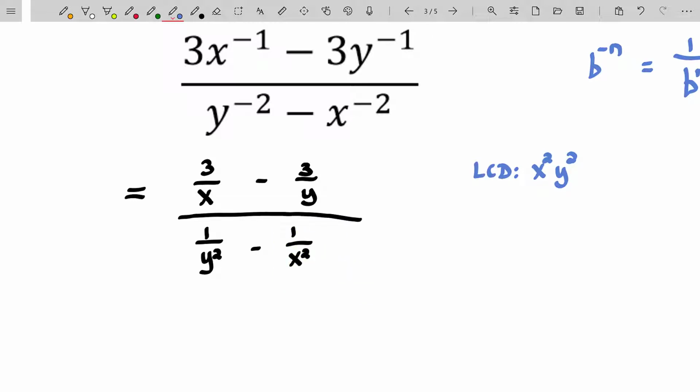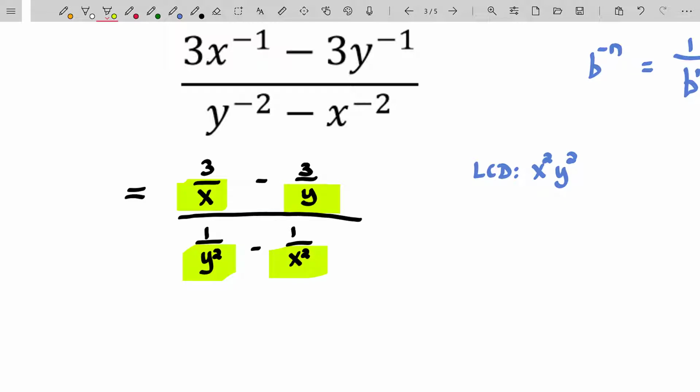So looking through all these denominators, the x, the y squared, the x squared, you take the highest powered version of each factor. So for x, the highest power that you see in that grouping is a second power. For y, the highest power in that group is a second power.